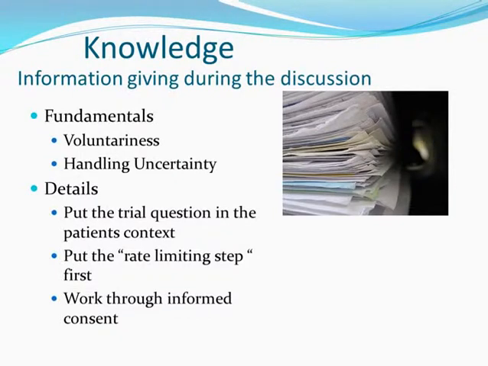The second thing is to identify what the rate limiting step is. Every trial has a rate limiting step for recruitment, and it may be coming to hospital every week for infusion, it may be concerns about increased toxicity, it may be having a placebo, it will vary from trial to trial.